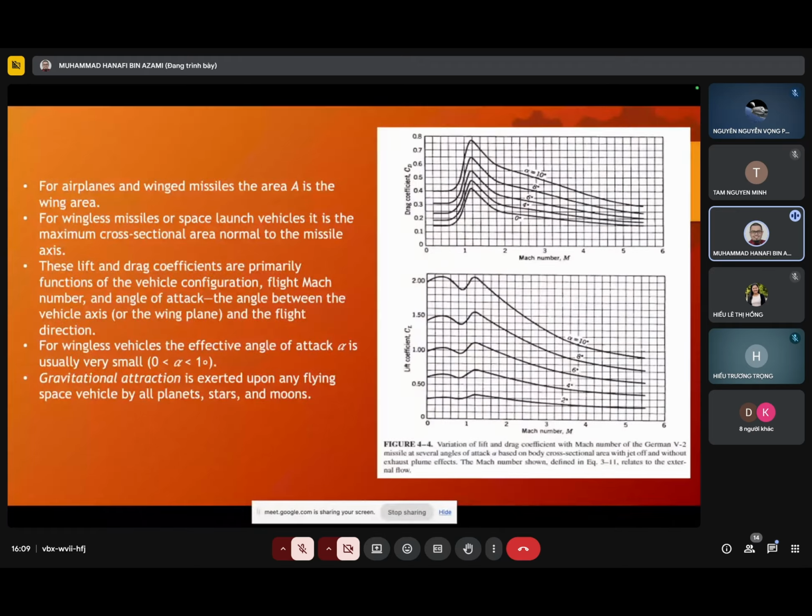Gravitational attraction is exerted upon any flying space vehicle by all planets, stars, and moons. We know that those heavenly bodies have mass, and any object which has mass will tend to pull the vehicle.